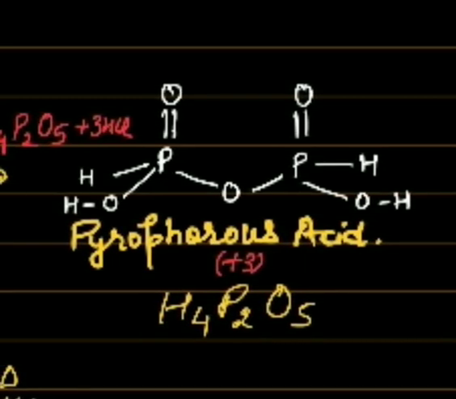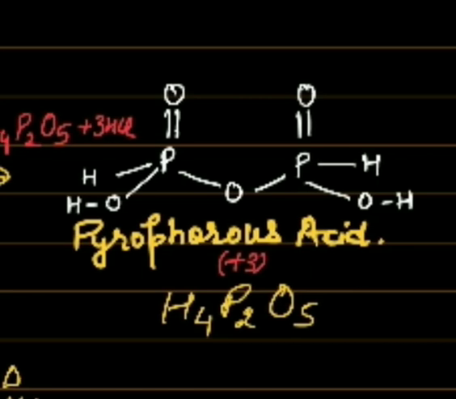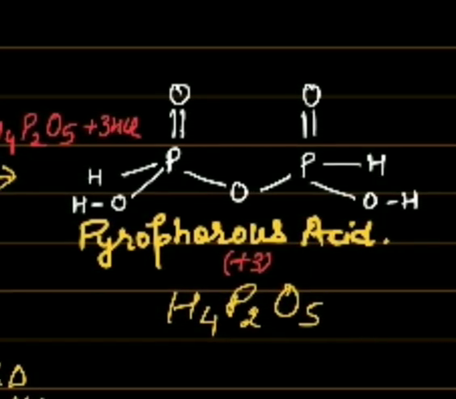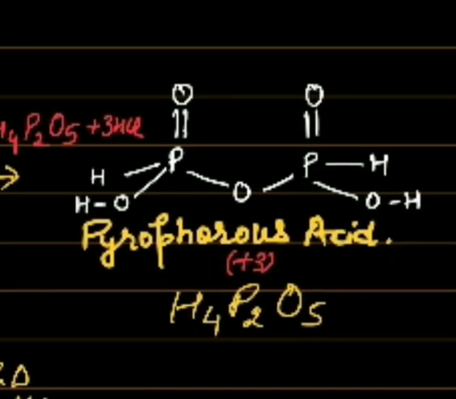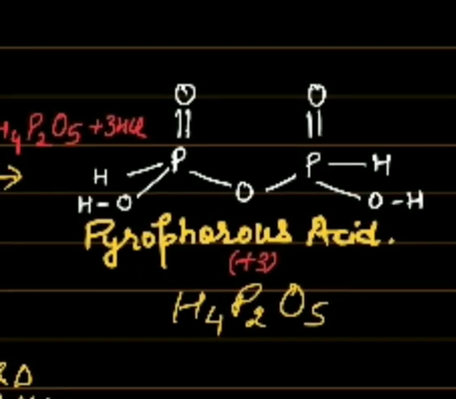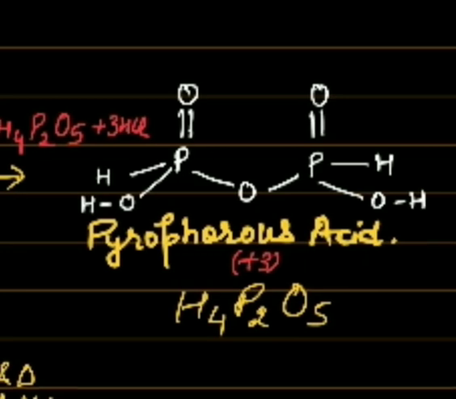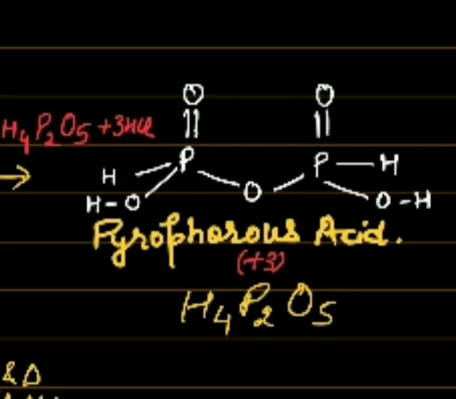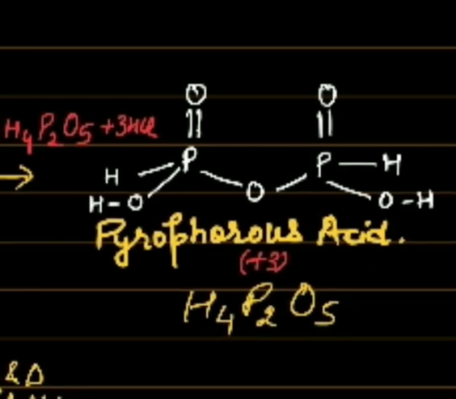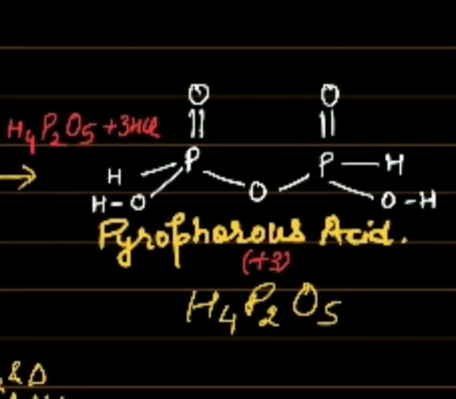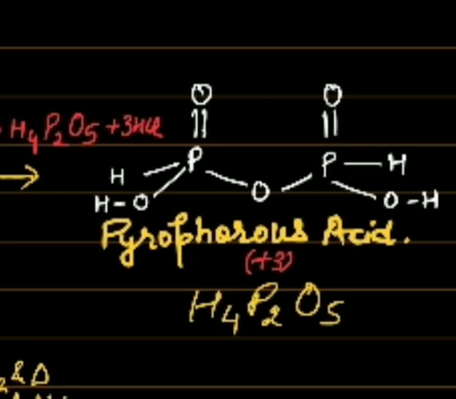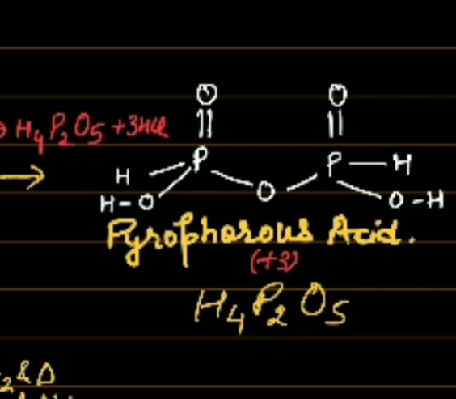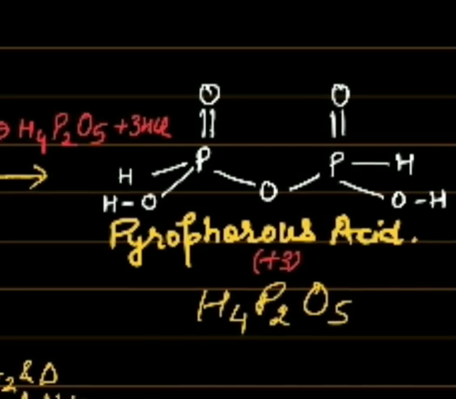Now when we compare our half-made structure with the chemical formula, that is H4P2O5, we come to the conclusion that we have bonded all the atoms to the phosphorus atoms, but we have left only two hydrogen atoms to be joined to the phosphorus atoms. So we attach or bond one hydrogen with each phosphorus atom, and with this our structure gets completed.